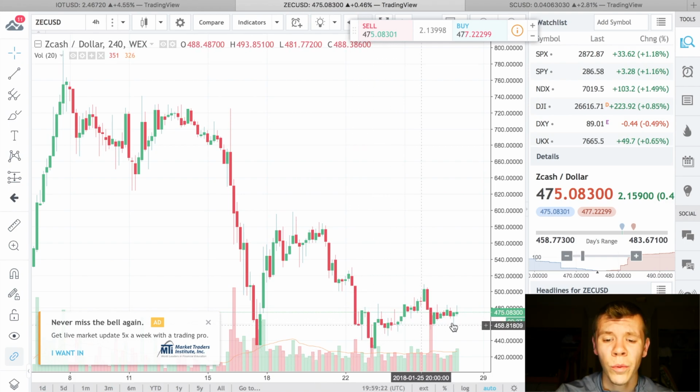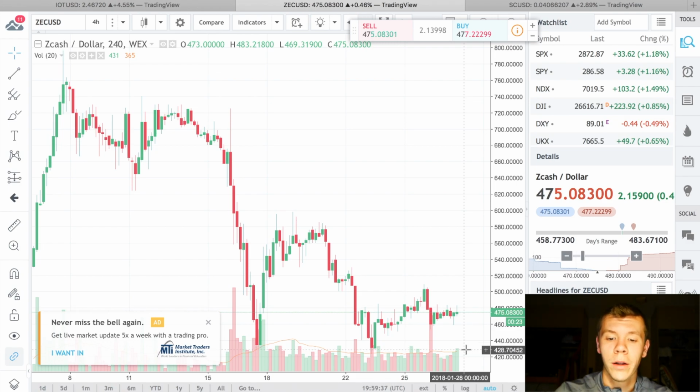We're just off that support line. If we hit that, we should rebound. But if we don't, we could be testing these lows that we had on the 16th and the 23rd around the 430 mark. So we have about $40 of down pull that you could see, but we also have about $50 of uptrend in the short run.